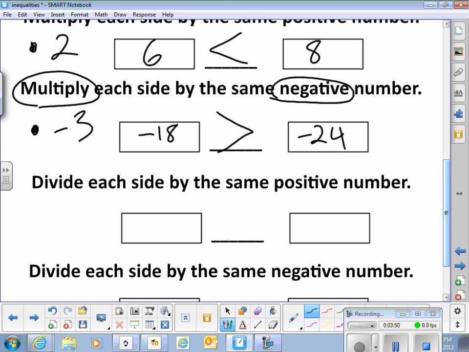Now let's divide by a positive number. Let's divide by 3. Negative 18 divided by 3 is negative 6. Negative 24 divided by 3 is negative 8.